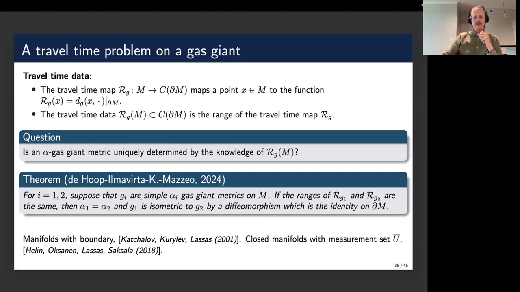So if you have any two Gas Giant metrics g_1 and g_2 with possibly different indexes, so that their travel time data agree, then the indexes have to be the same, and also the metrics have to be isometric to each other via a diffeomorphism that is the identity on the boundary.